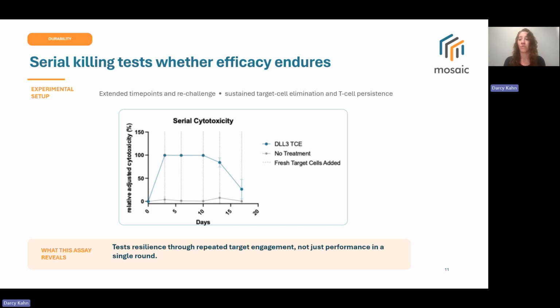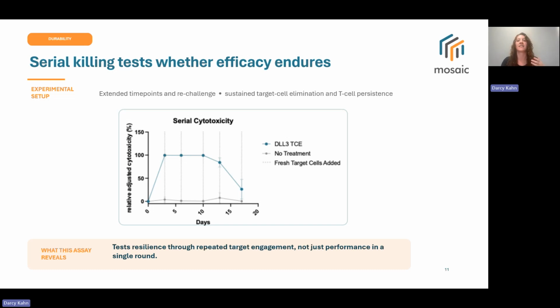So I think this tells you something really important for a T cell engager program. How much repeated killing can you actually get out of this molecule before T cell fitness starts to drop off? And that's going to be directly relevant to dosing frequency, and the durability of your response.